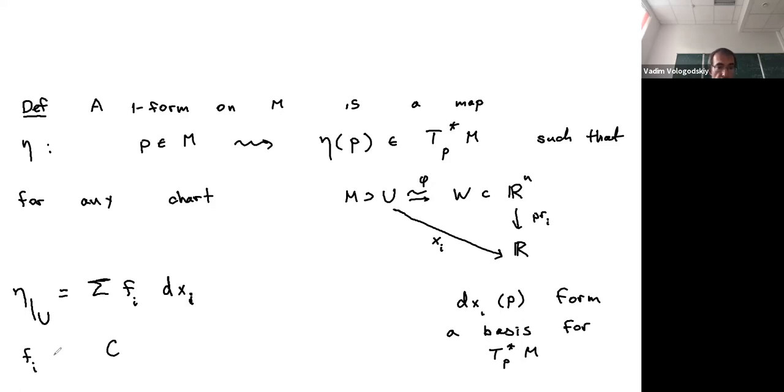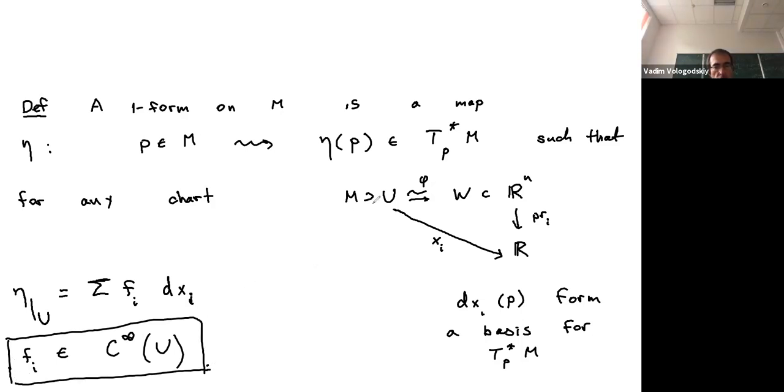Now, my smoothness condition is that all these functions are smooth. This is a very natural thing to do, right? So that's how I define the notion of smoothness. This is a geometric definition.